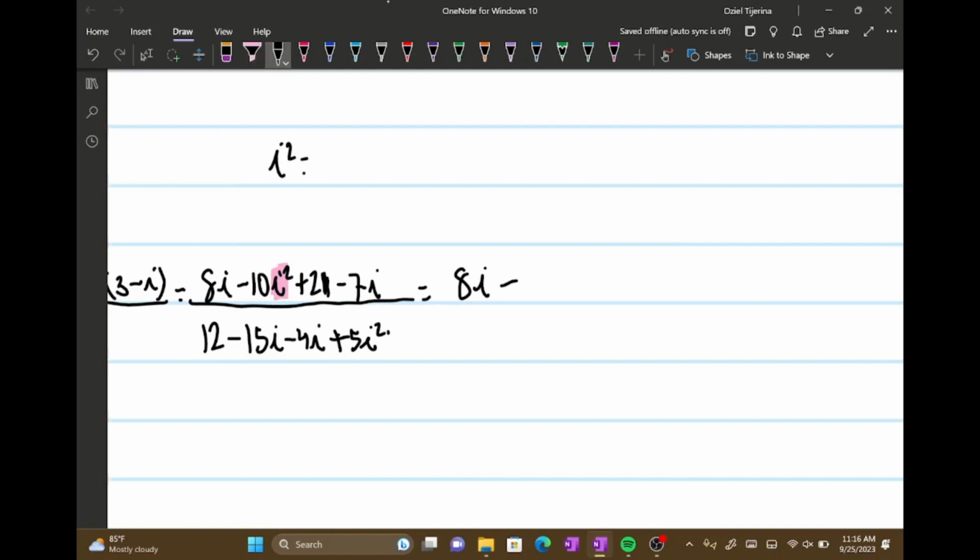We want to make sure we understand that, because i is equal to the square root of negative 1, so i squared is negative 1.